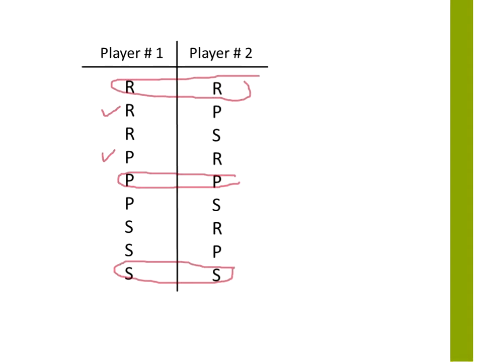And if you ever want to know in a counting situation whether you count both things, you just have to say, would it make a difference to you as a player? So suppose you were player number one. Which of these two things that I just checked would you rather have happen? Remember, paper for some reason suffocates rock. Paper beats rock. So which of these two things would you rather have?